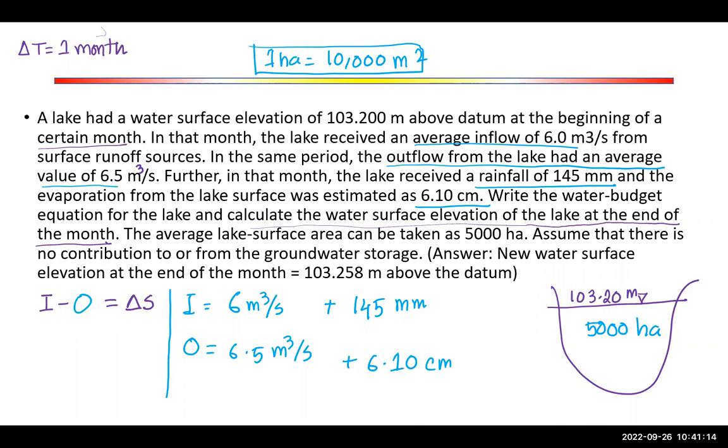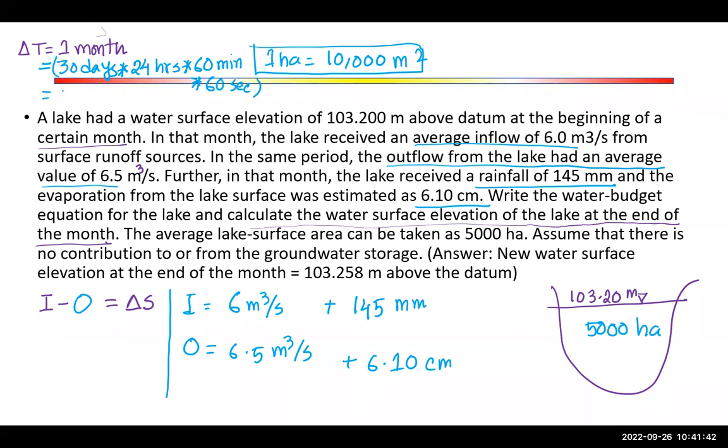Does that make sense? Okay, so if we want to convert 1 month into second, we need to work on that. 1 month equals 30 days, right? Each day is 24 hours. 1 hour is 60 minutes, and 1 minute is 60 seconds.